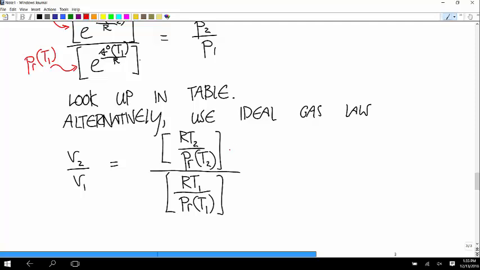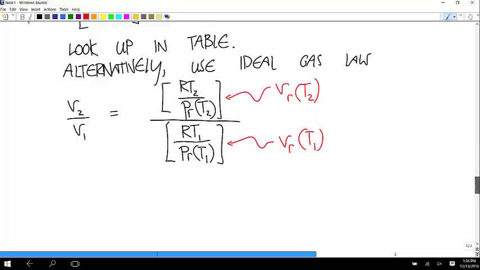And we're going to give this ugly thing a name too. We're going to call that the relative volume. So this is V sub R at temperature T2, and this is V sub R at temperature T1. And then you can just look up these relative pressures and relative volumes in an ideal gas table.